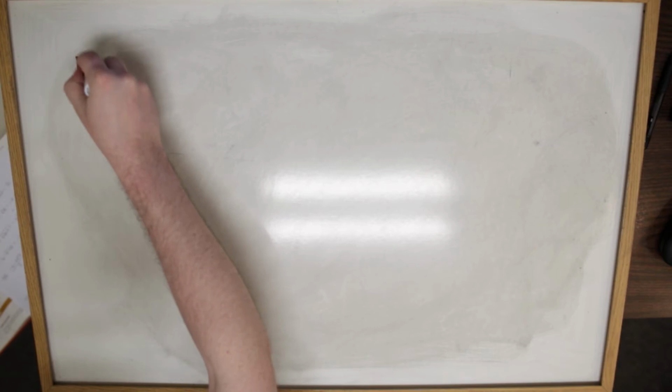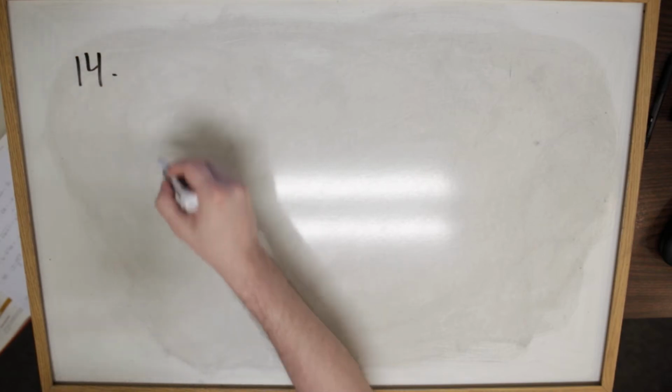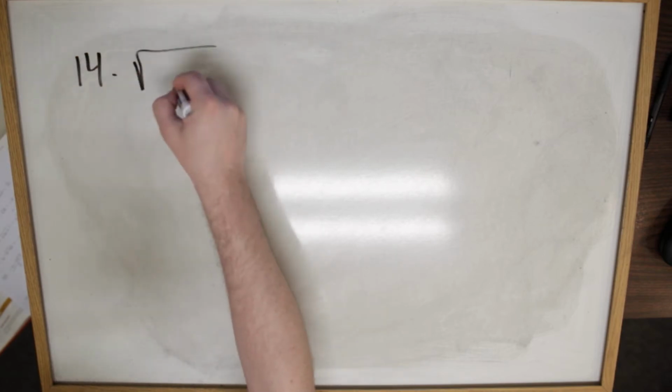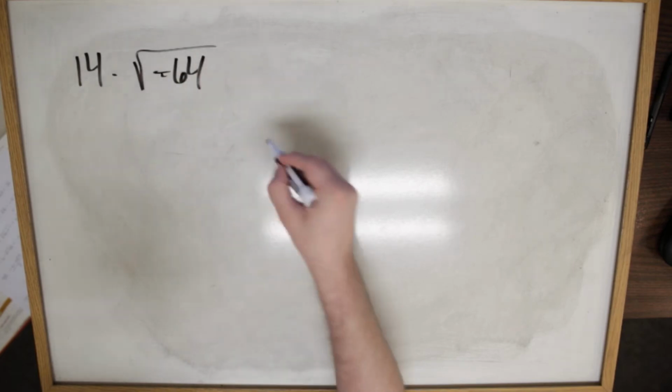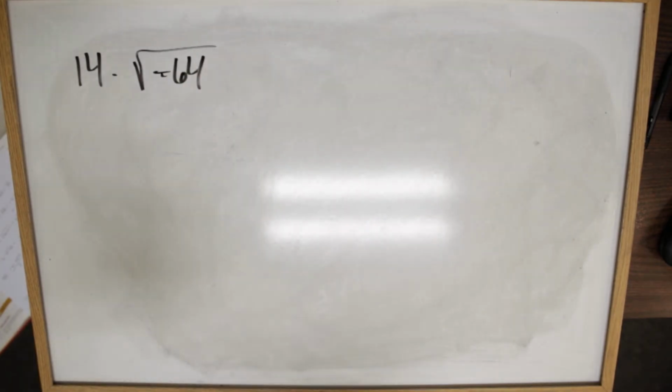So let's take a look at some questions. Question number 14. Some of these, we're just going to simplify. So I have the square root of minus 64, and they're asking us to find the solution, or fully simplified form.